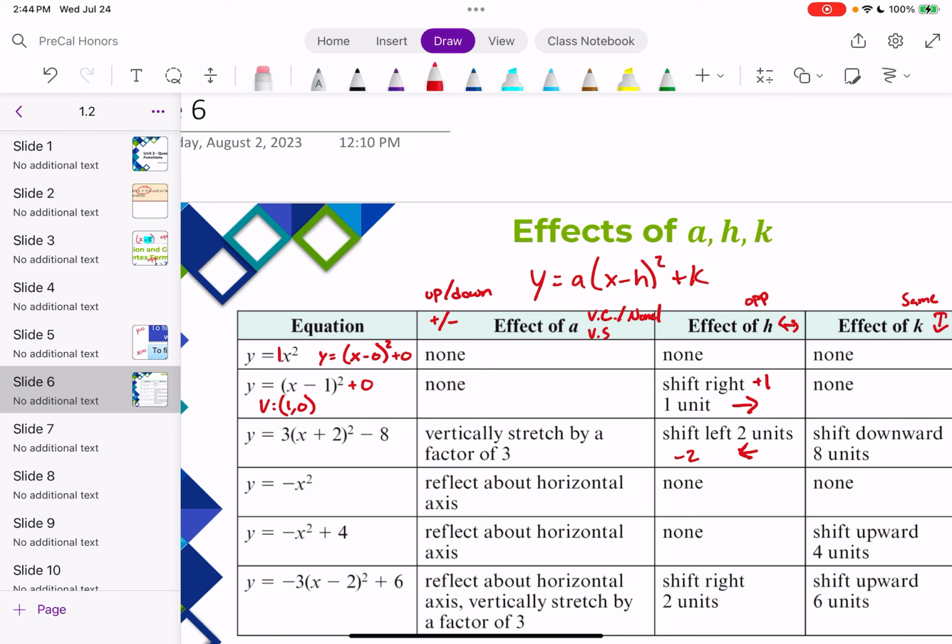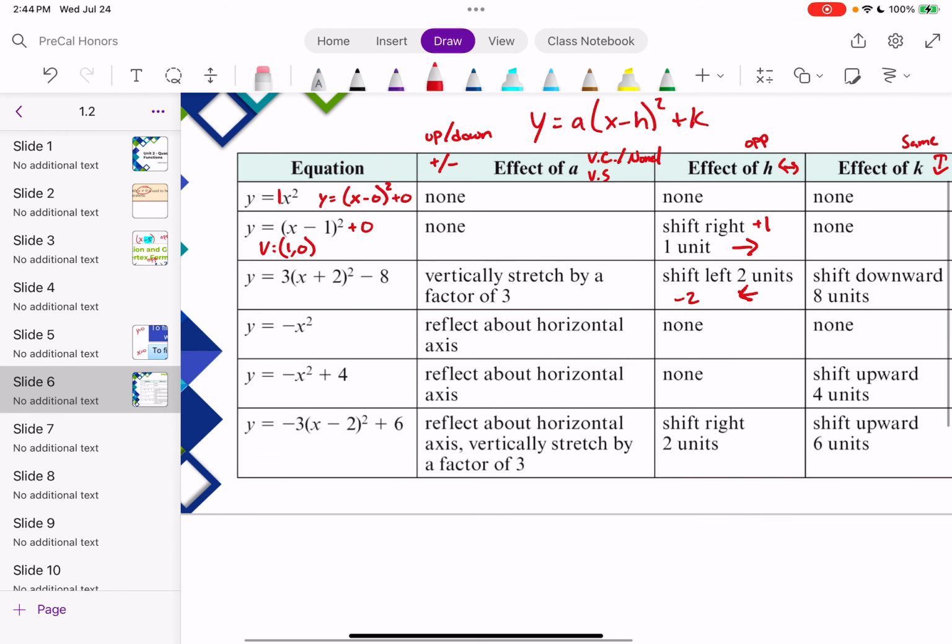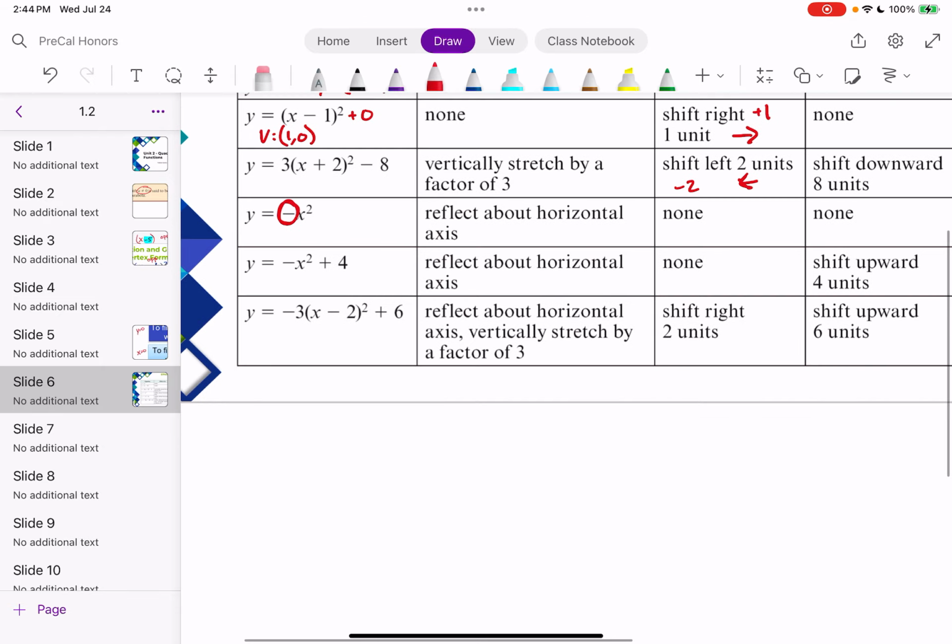Let's take a look at y. Now here, we are running into our first -a. Now this is going to cause, instead of our parabola facing up, it's actually going to face down.